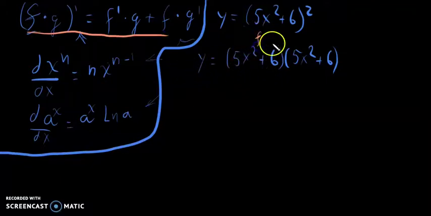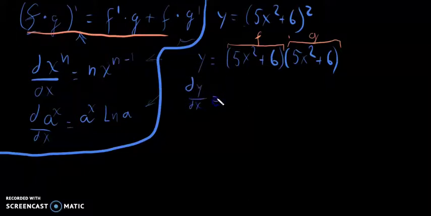Okay, I have my first function right here. I have my second function right here. So what we're going to do is take the derivative of this with the product rule. The derivative of the first one is going to be 10x.